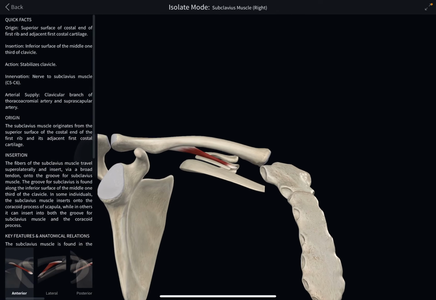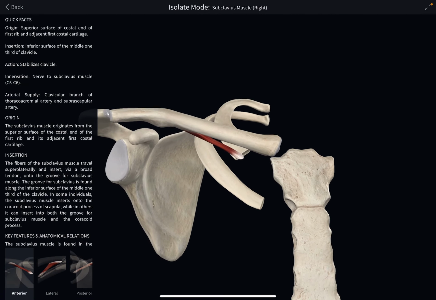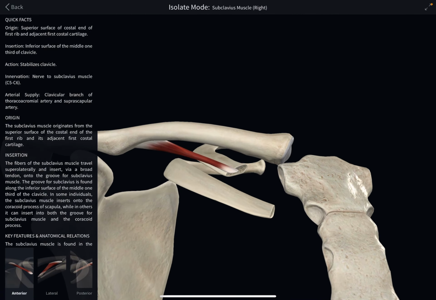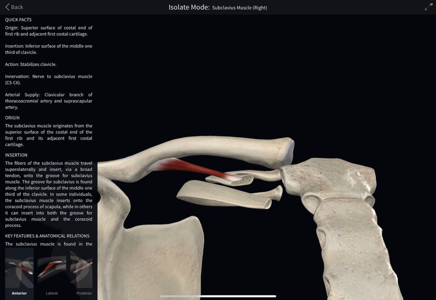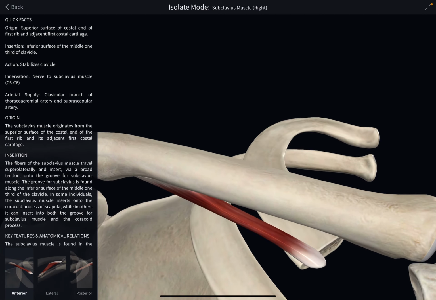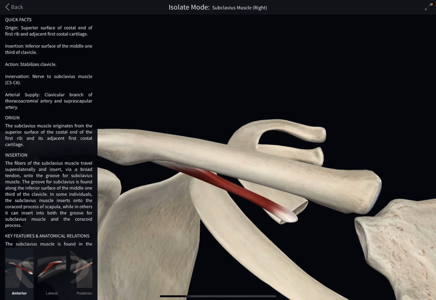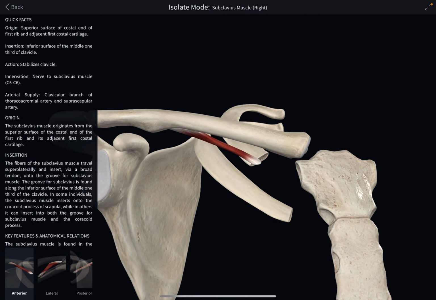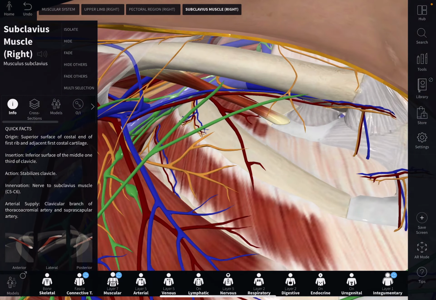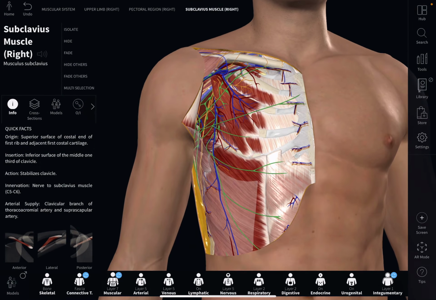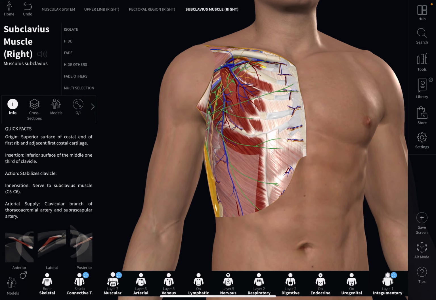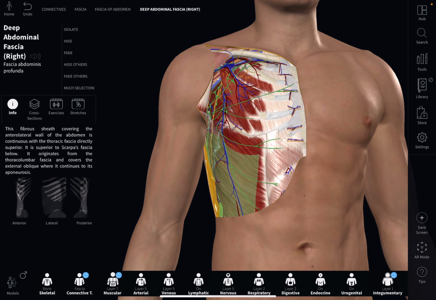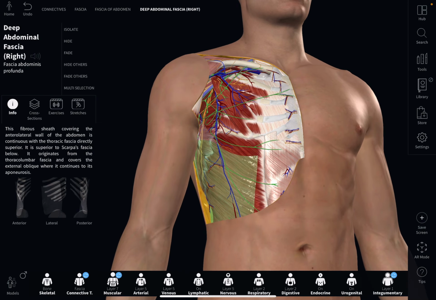This one, the subclavius muscle, goes from the first costochondral junction to the subclavian groove that's present on the middle third of the shaft of the clavicle on its inferior surface. So this is a third muscle, subclavius. And we have one more muscle that is in the lateral thoracic wall here, covered by a fascia. So the fascia here is called the deep abdominal fascia.